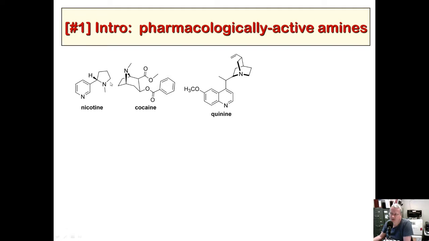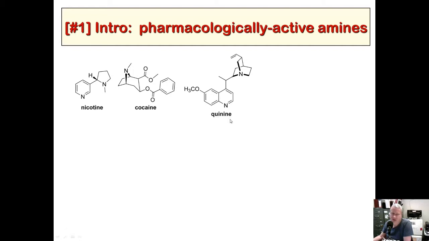Amines are these nitrogen things that are connected to one or two or three carbon atoms, right? There's a lot of pharmacologically active amines. A couple are shown here: nicotine, cocaine, which has this kind of bridged ring system; quinine, which is a totally different class of molecules.